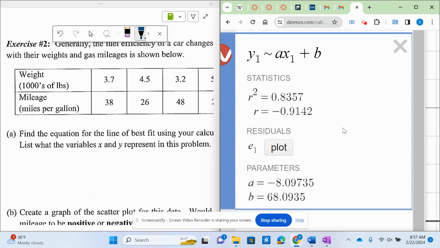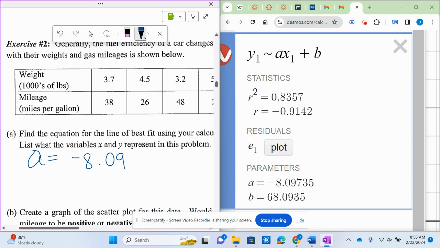So we have to find the equation for our line of best fit. What's our equation going to be? What's the value of A? What did we get for A? I got A equals negative 8.09. Is that what you got? Okay, that's our A value. Actually, does it ask us to round to the nearest tenth? I'm going to leave it just like that.